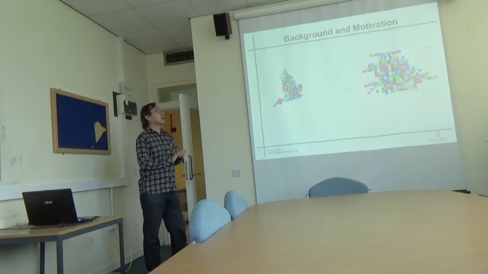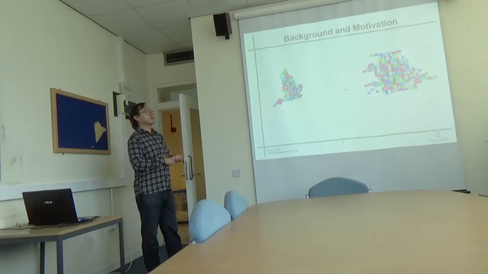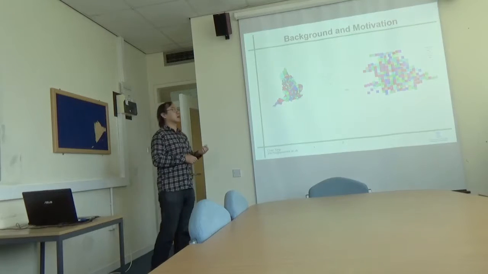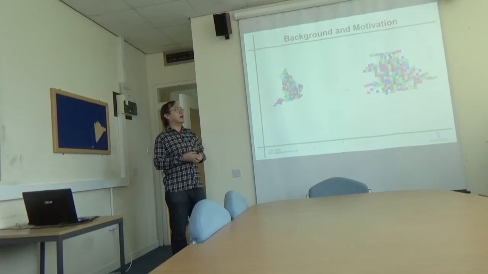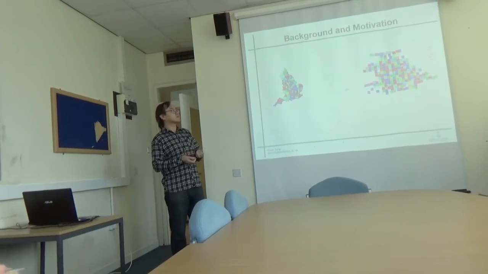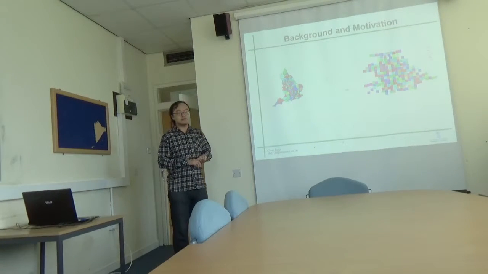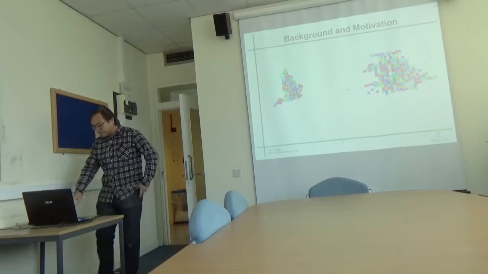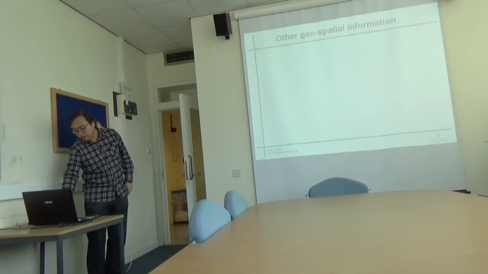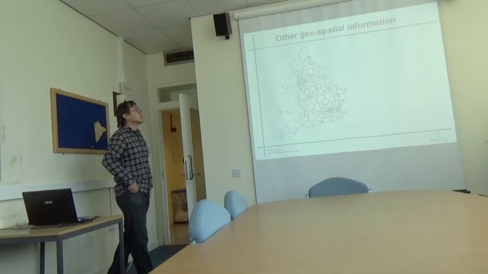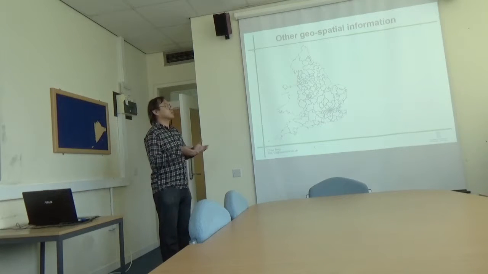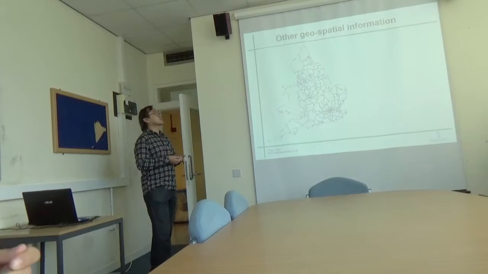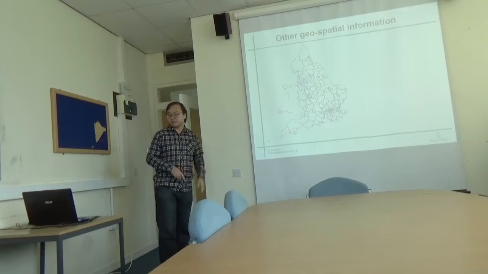But we are thinking, could we do something more about the cartogram? Is there some way we can reduce the error and increase the recognizability of the cartogram? So we go back to the original map and think, could we introduce some other geospatial information in that map?